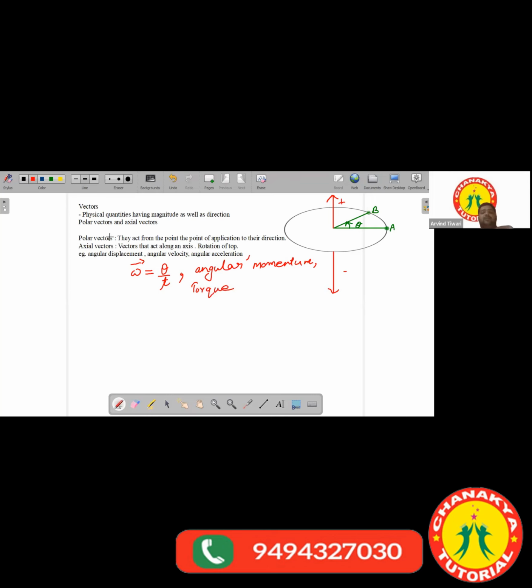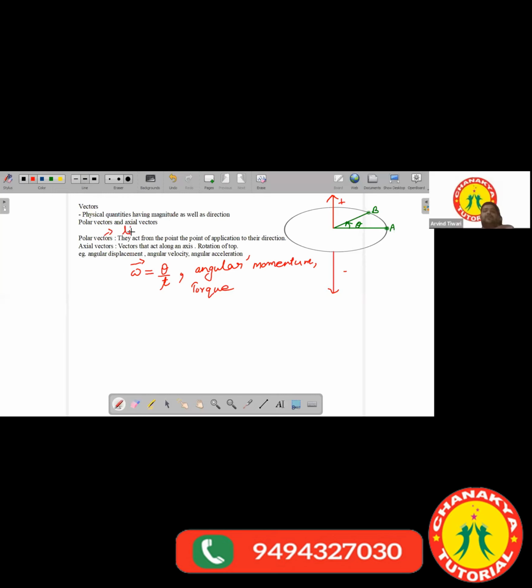As an example of polar vectors, these are the vectors which act from the point of application in their direction. For example, the displacement that we study, linear displacement, like a car moving in a certain direction.